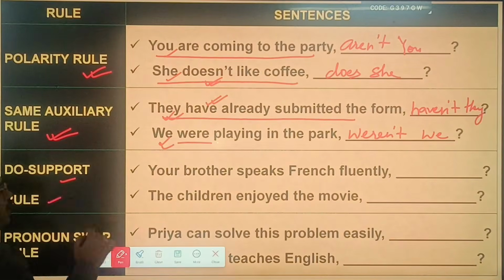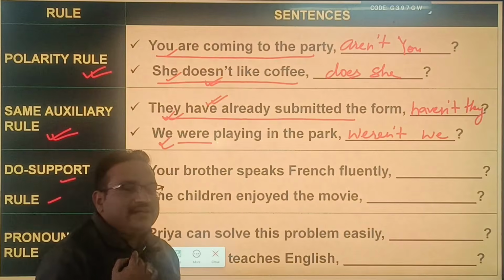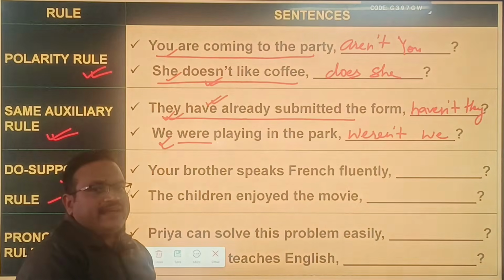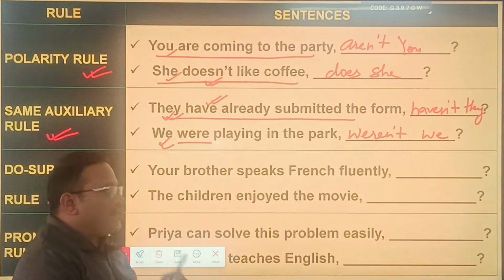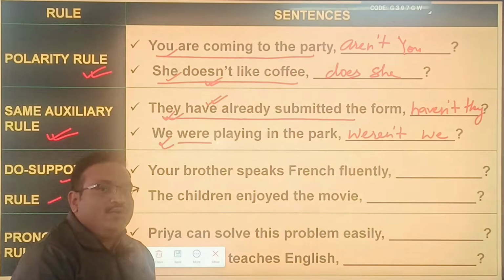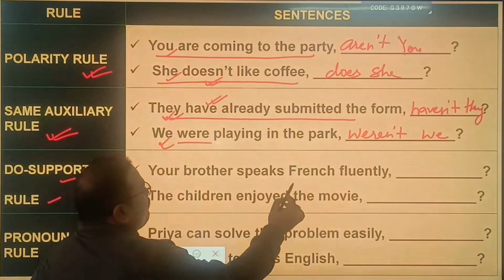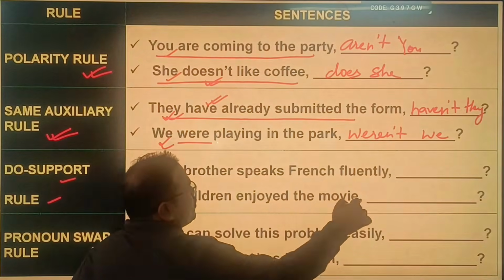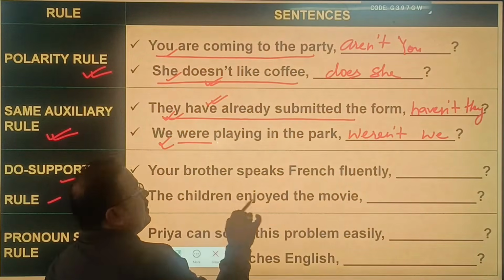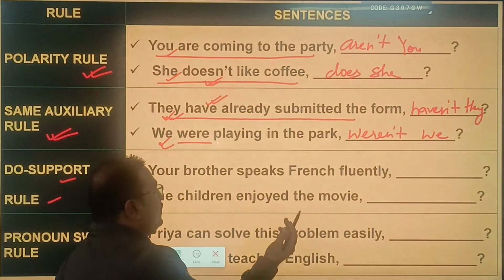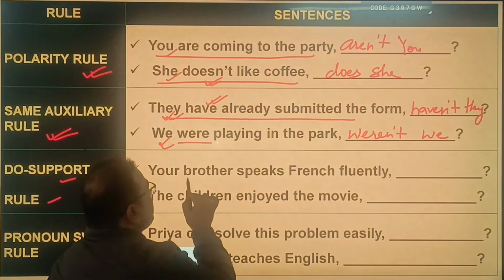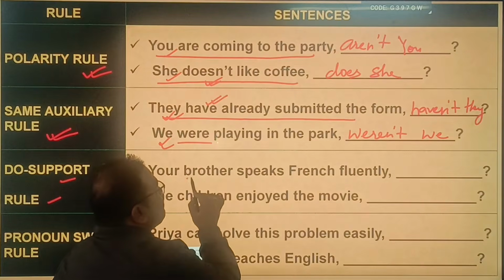Now, do support rule. When you don't have auxiliary verbs in the statement, then what to do? We'll use do, does, did. Your brother speaks French fluently. This is positive. So tag will be negative. So where is the auxiliary verb? We have to pick up from here. Your brother speaks.